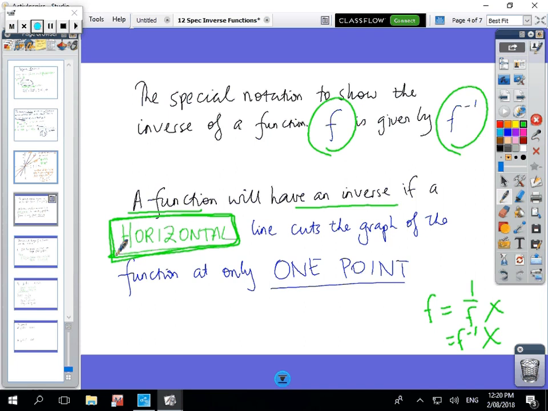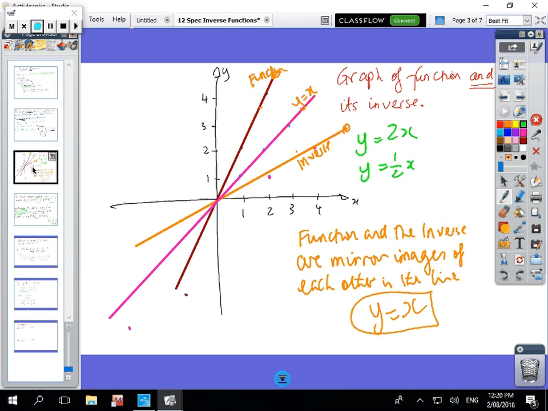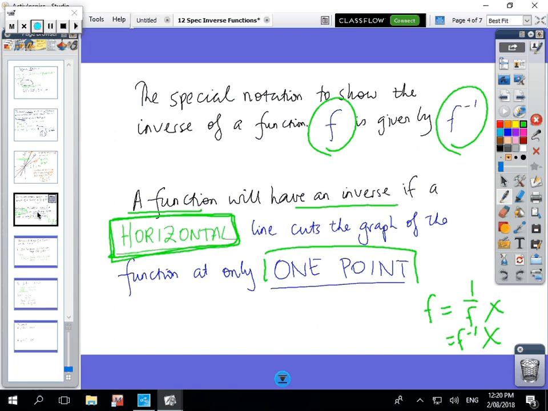We had a vertical line test for a function, but for a function to have an inverse, it's a horizontal line test cutting at one spot. So if I look back at that one, if I make a horizontal line, that function gets one cut, so that function will have an inverse, which we have found. So a function has an inverse if a horizontal line cuts it in one spot only.